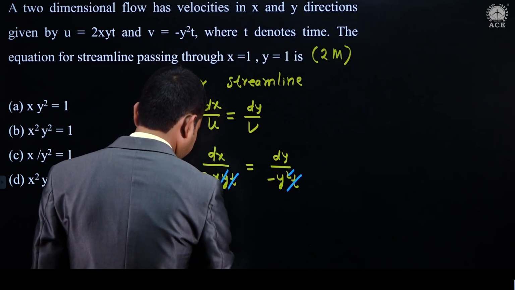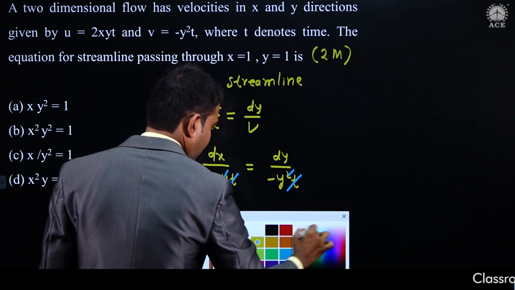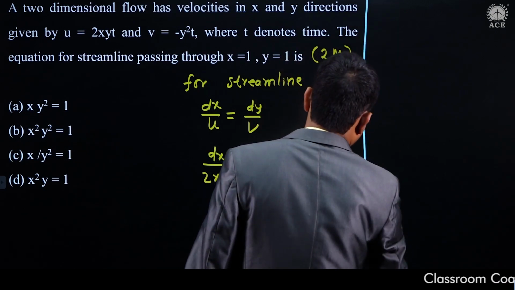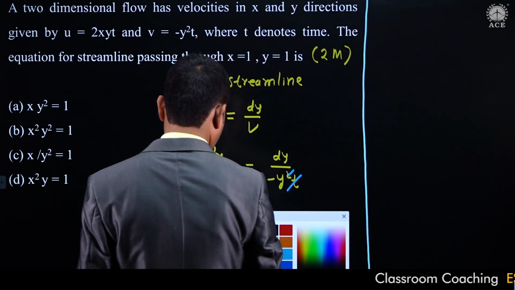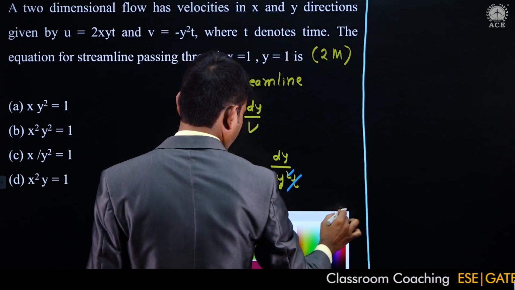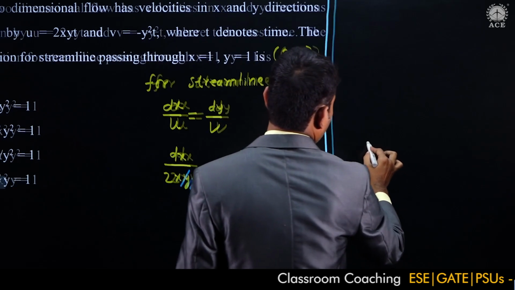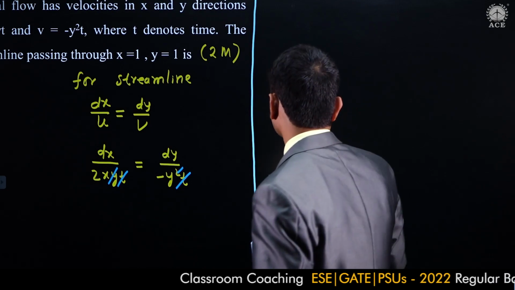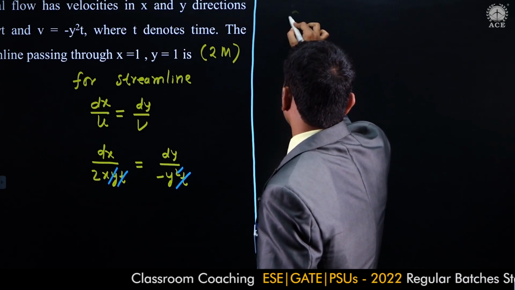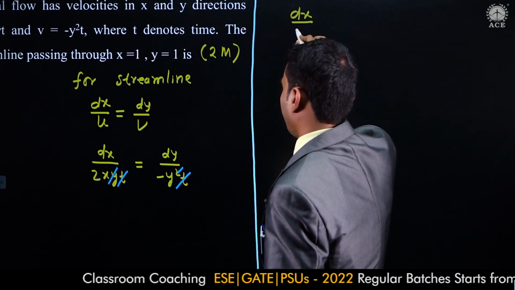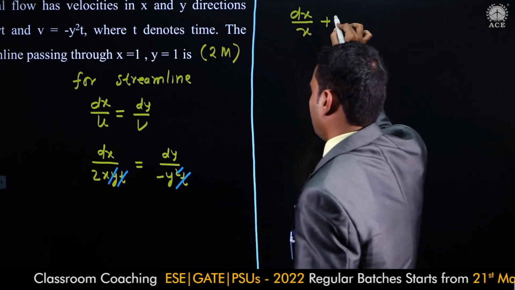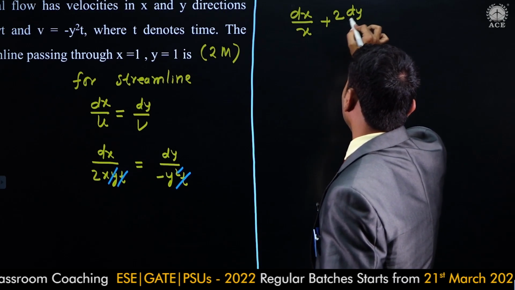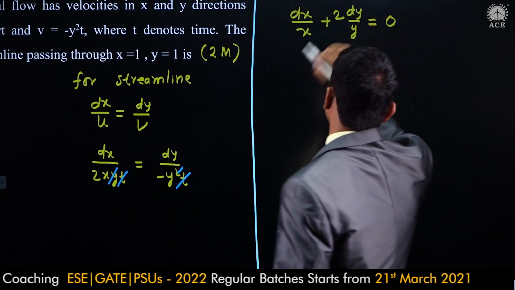So what you will get is dx divided by x plus 2 times dy divided by y equal to 0.